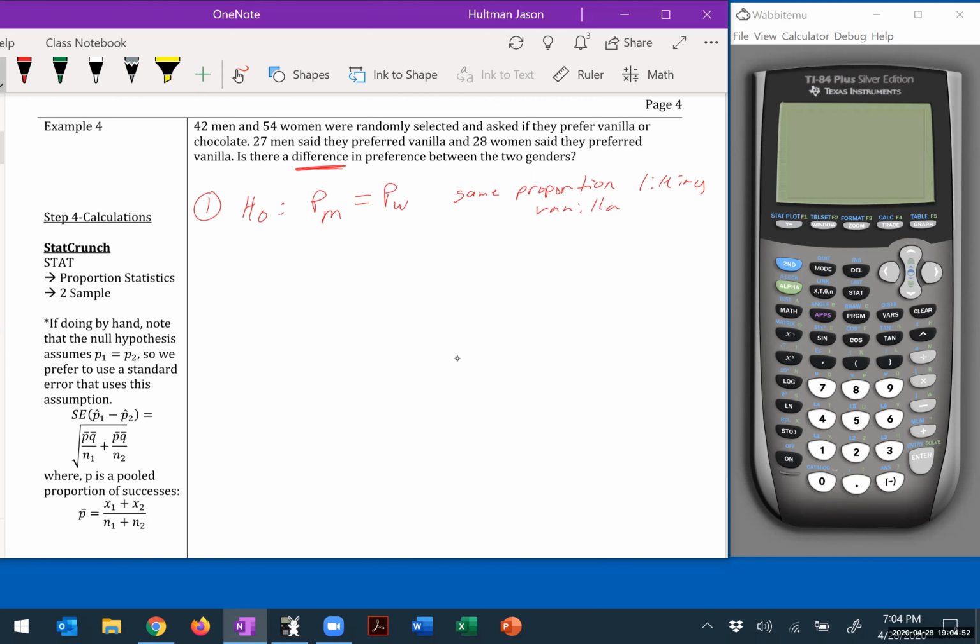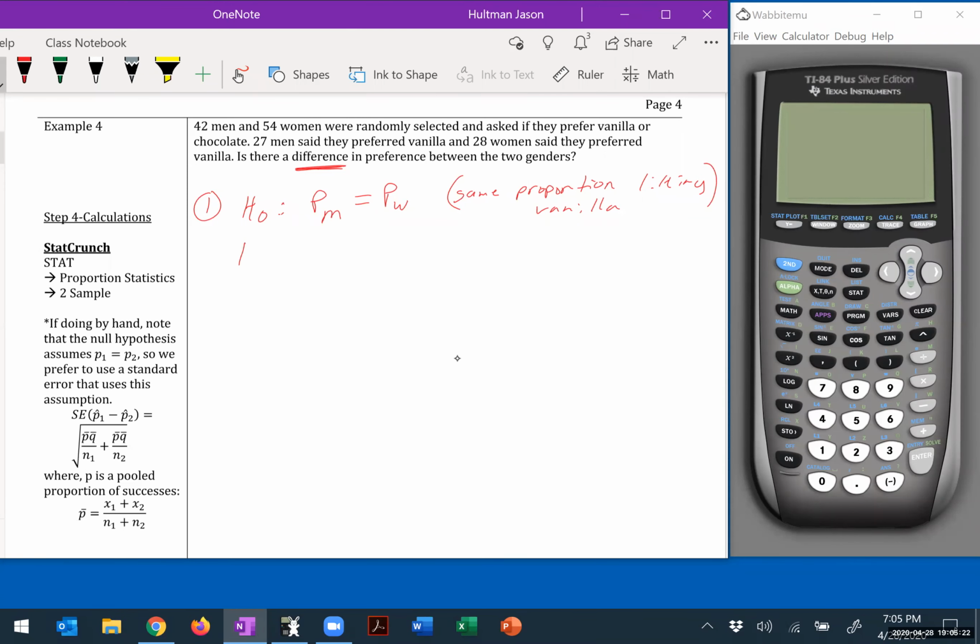Why are we talking about vanilla? Because that's what they give us stats on. They could say 27 men prefer vanilla. We could also talk about the chocolates, but we really don't care. We know that if this isn't true, then we're either going to get fewer men liking vanilla, which means more women like chocolate, and vice versa.